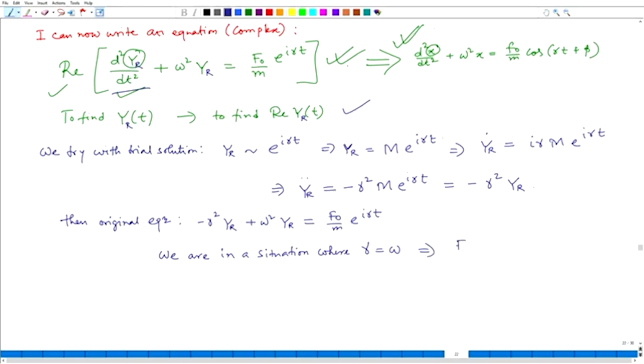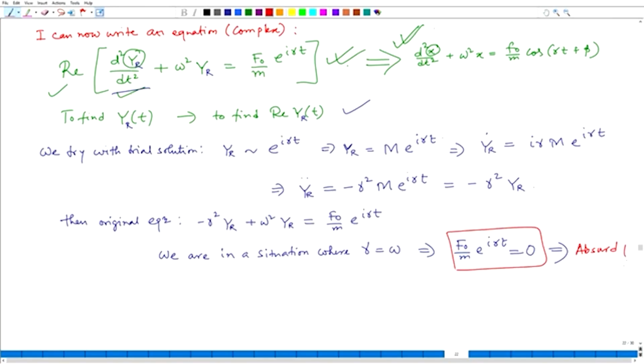That is why f0 by m e to the I gamma t is equal to 0, which is absurd, because it simply says that the forcing vanishes, and that is not possible.